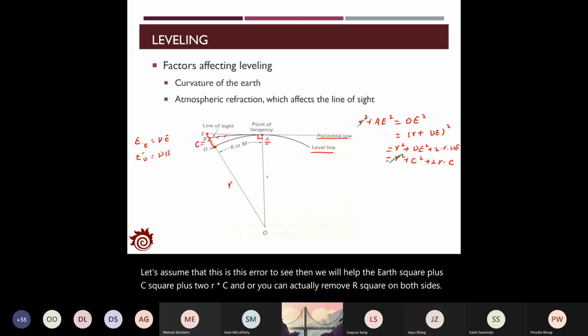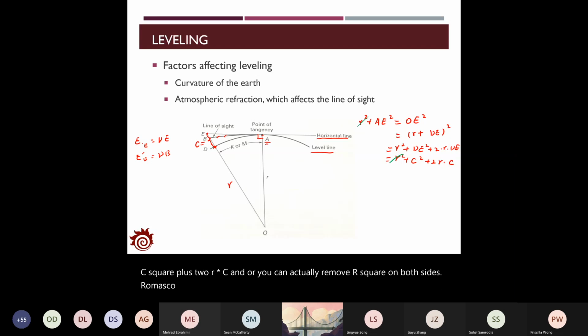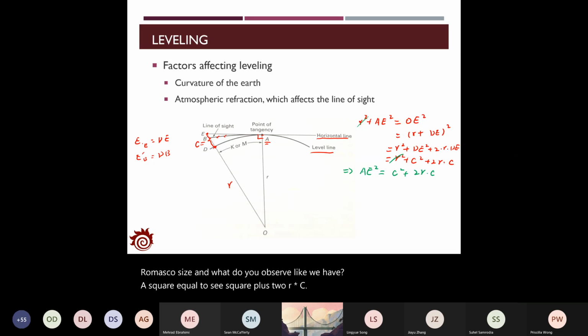What you will observe is that we have AE squared equal to C squared plus 2R times C. And here C is just defined as the curvature error. And this is the part we want to identify.